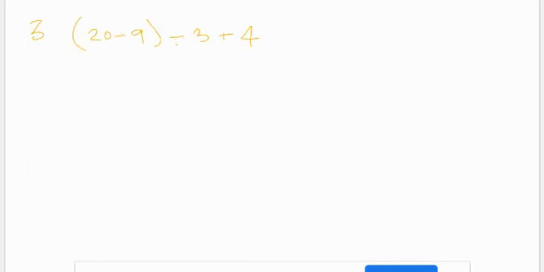Moving on to this problem, there is a set of parentheses right here, so we're going to solve for that. And we know that 20 minus 9 is 11. So we've solved the parentheses. There are no exponents. There is no multiplication, but there is division. So we have 11 divided by 3 plus 4. So 11 divided by 3 is just 11 over 3.